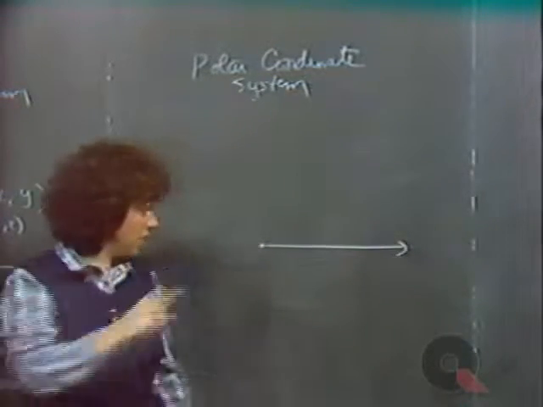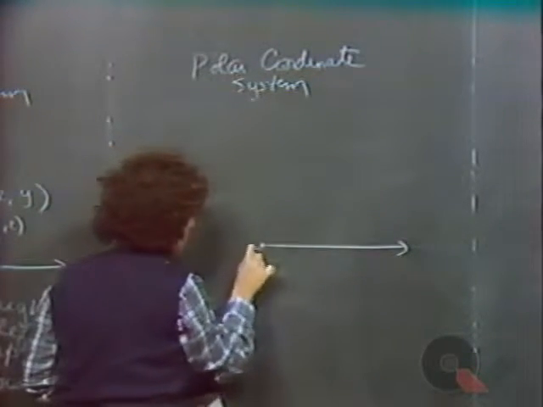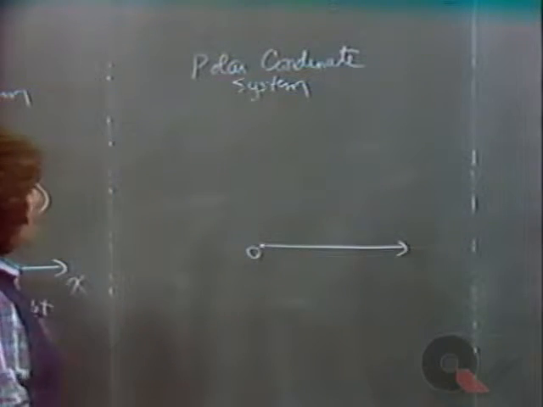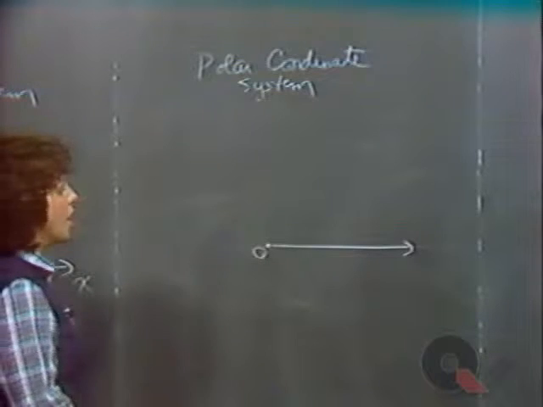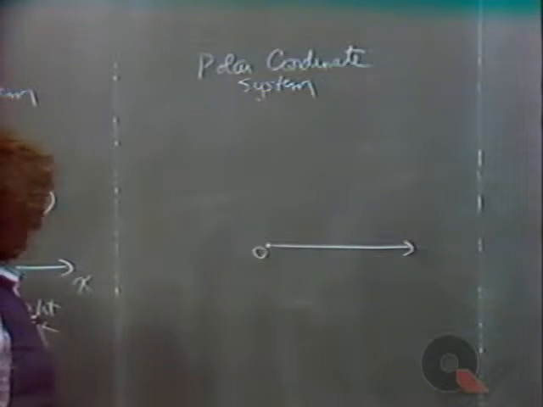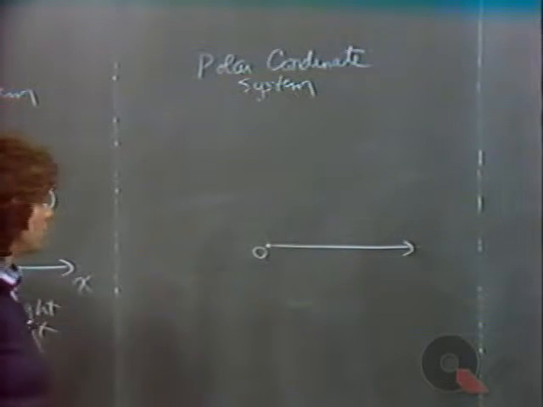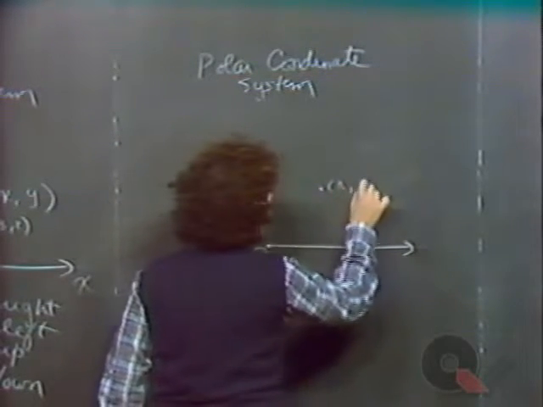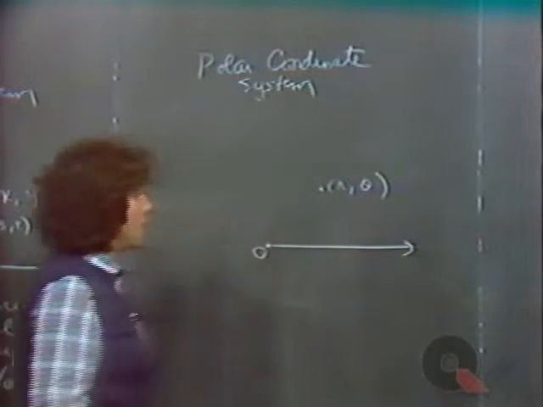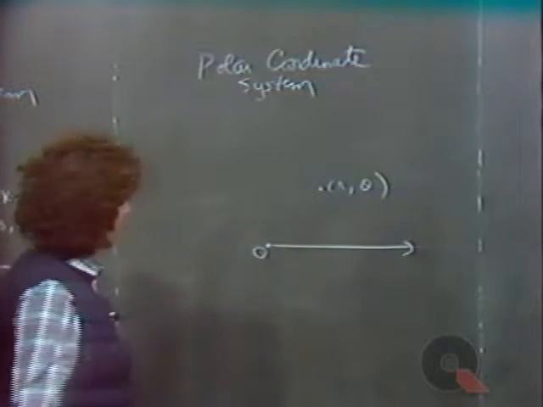Here, once again, we have that man. He's standing now at the origin. And let's say we want to send him to some point in the plane. Well, he's given a pair of coordinates, which is the address of the point he's going to. And the coordinates are written in the form r, comma, theta. And a slightly different set of rules applies.